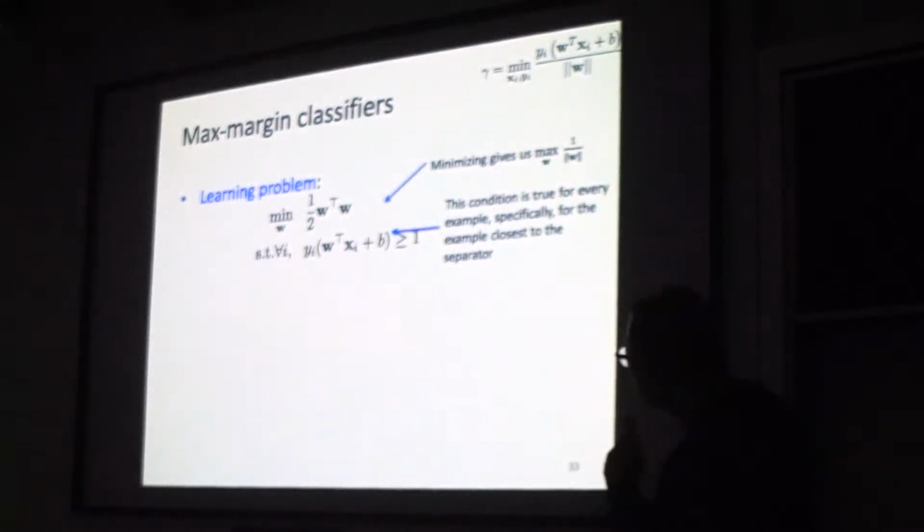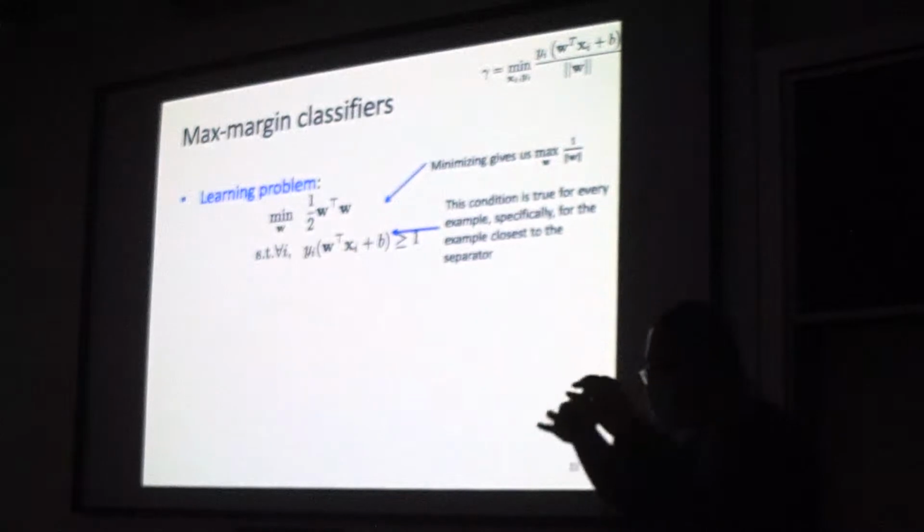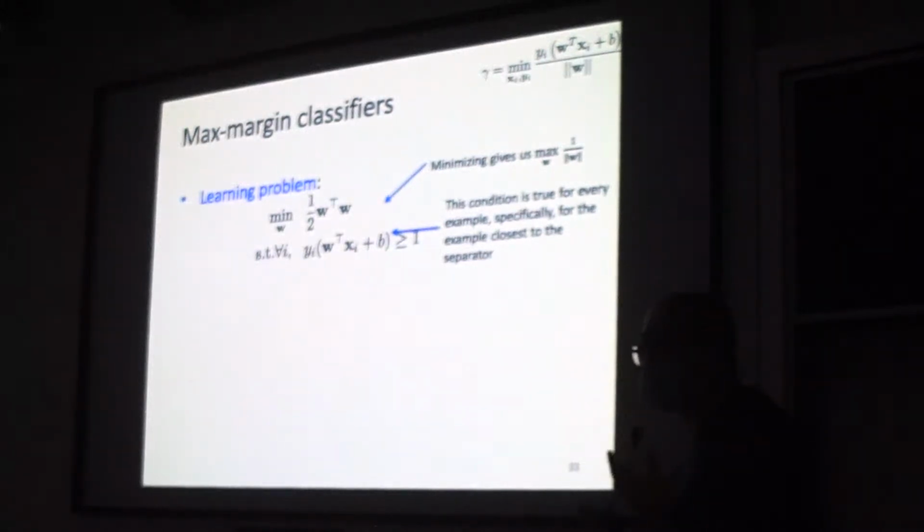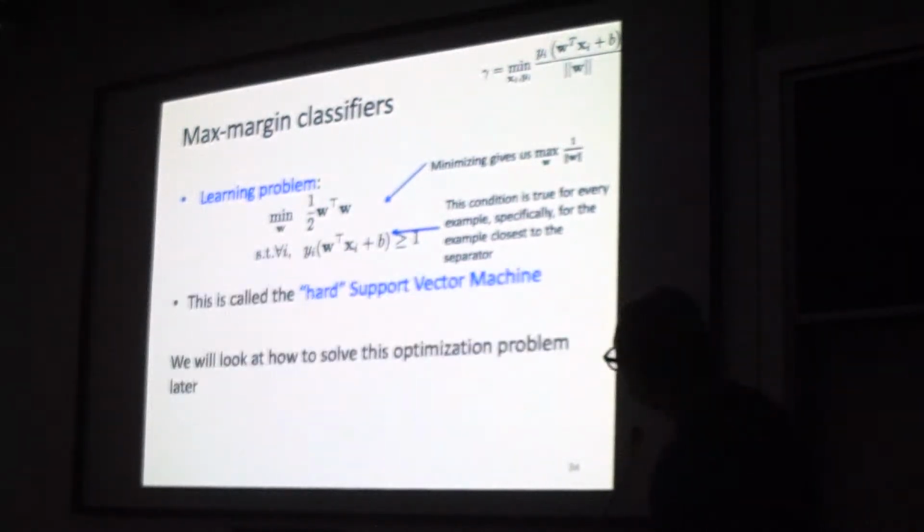That's the idea: the constraints describe the subspace of W and B we're going to search over. This is called hard support vector machine because we require every example's function margin to be at least 1. It implies that you not only correctly predict the label of each xi, but also that the score is not small.